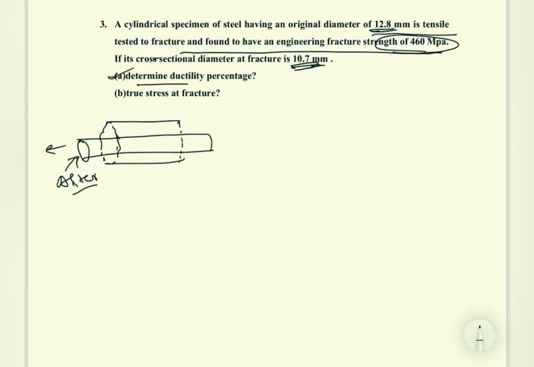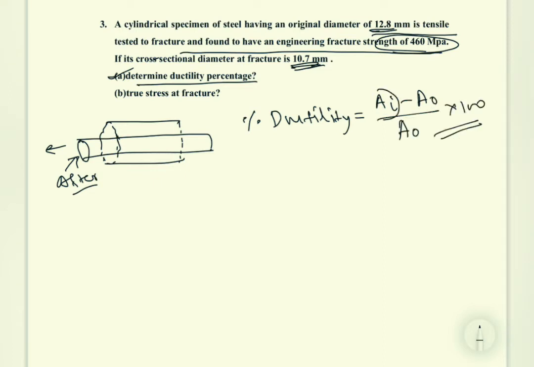Then the first question they are asking, determine the ductility. Ductility is the change of elongation. In this case no elongation is given, so we will borrow the values from the change in diameter. So percentage ductility will be the reduction in the area, right? So in that case A i minus A naught by A naught into 100. A i is the area during the fracture, so it will obviously be less, so it will be negative.